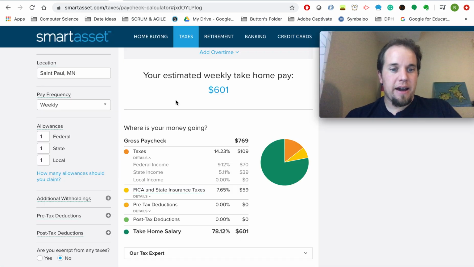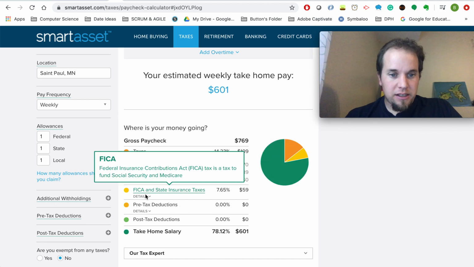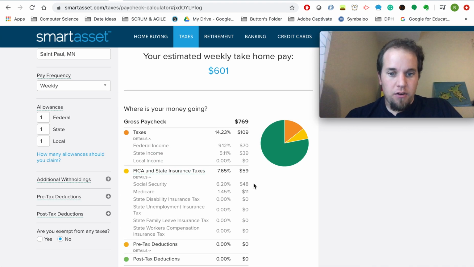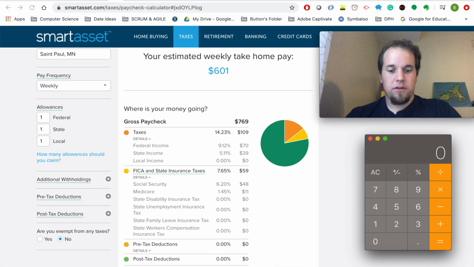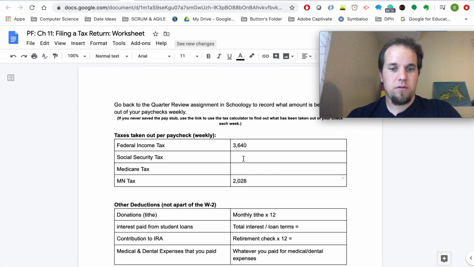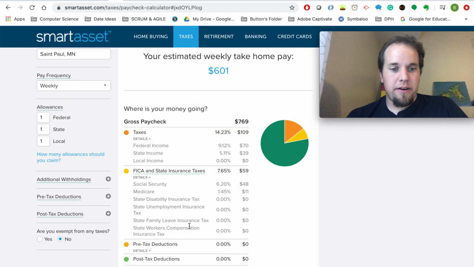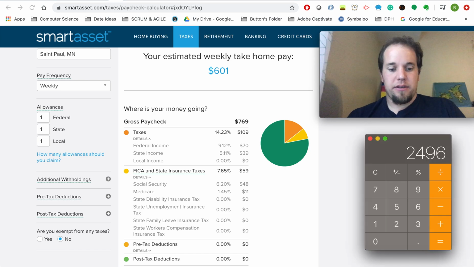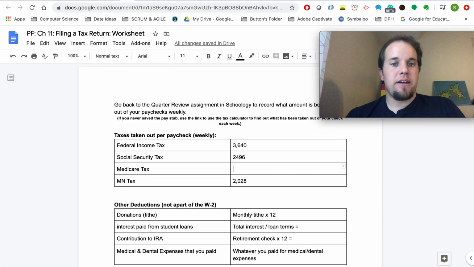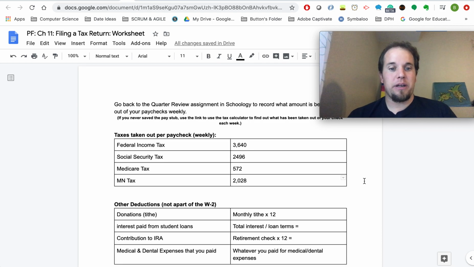So let's go back, and for Social Security, it's going to be under FICA. $48. 48 times 52, 2,496. And Medicare is our last one, and what we find here is $11. So 11 times 52, 572. All right, now we know how much taxes are being taken out.